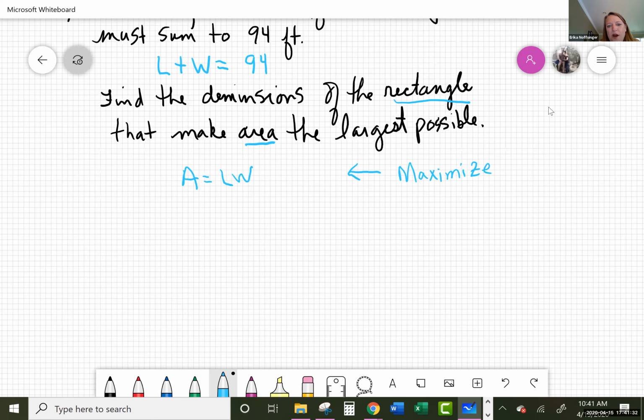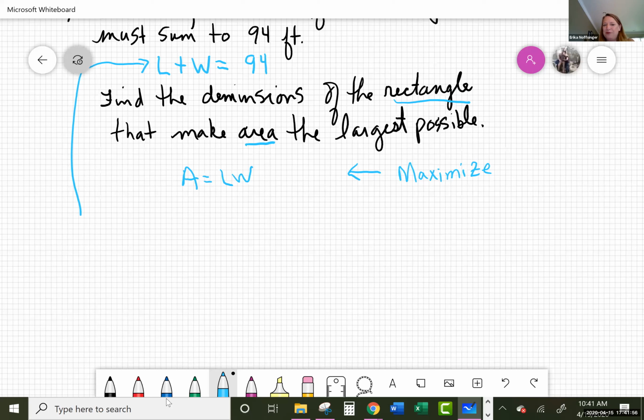I just want one variable, either both in terms of length or both in terms of width. We can do that by using this information. So either solve for your length and get that by itself, or solve for your width and get that variable by itself. It really doesn't matter, and one's not easier than the other.